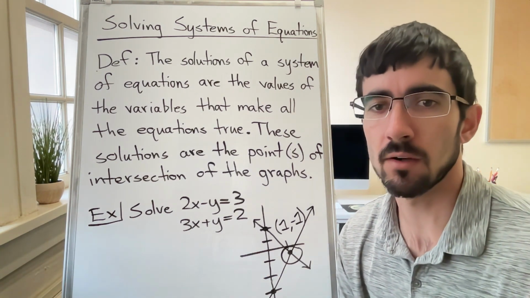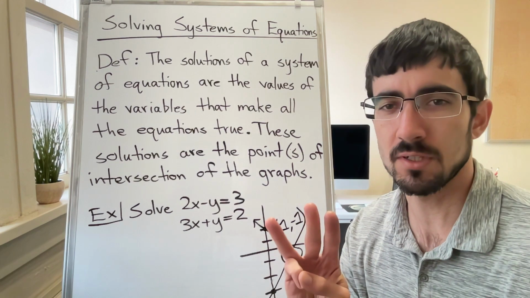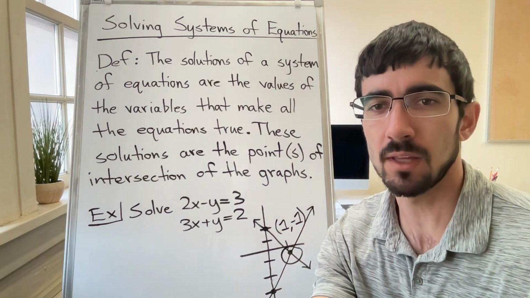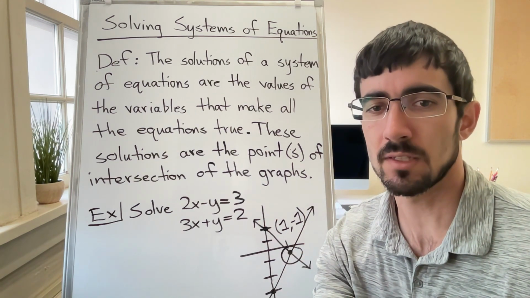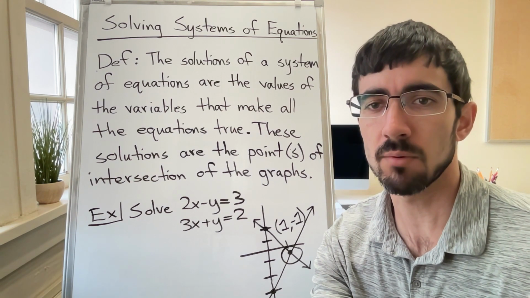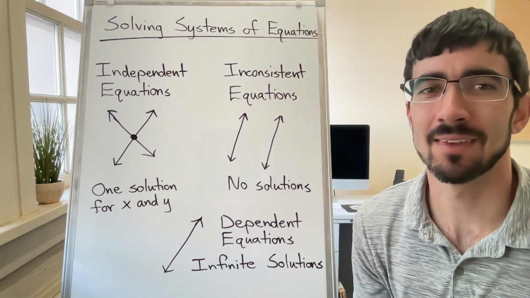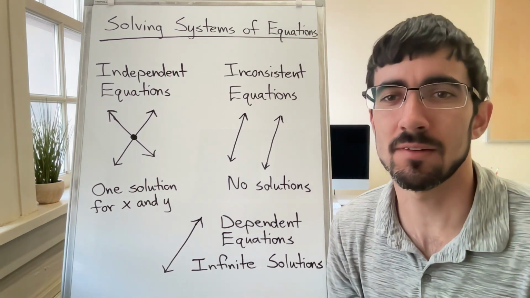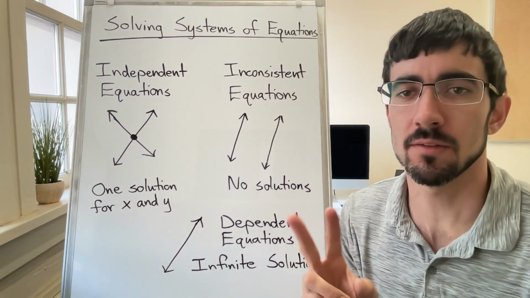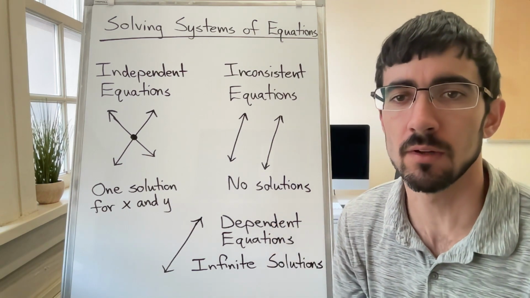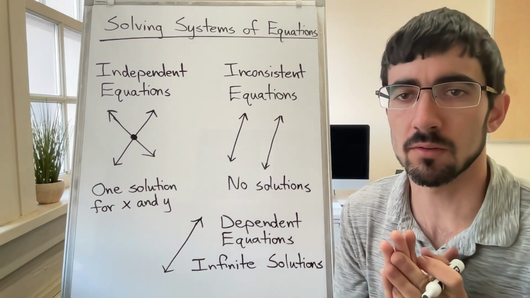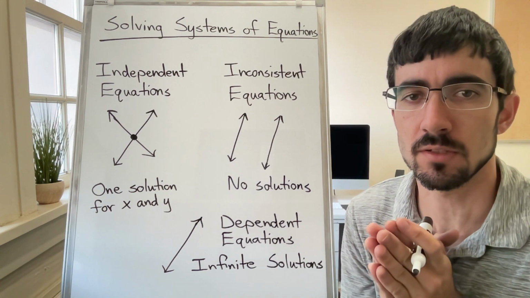That means that there are three different options when we're solving systems of linear equations. Let's look at the types of solutions that we could see from systems of linear equations. So if we're talking about solving systems of two linear equations, which is what we'll stick to in this course, we have several different scenarios when it comes to the graphs of those equations.